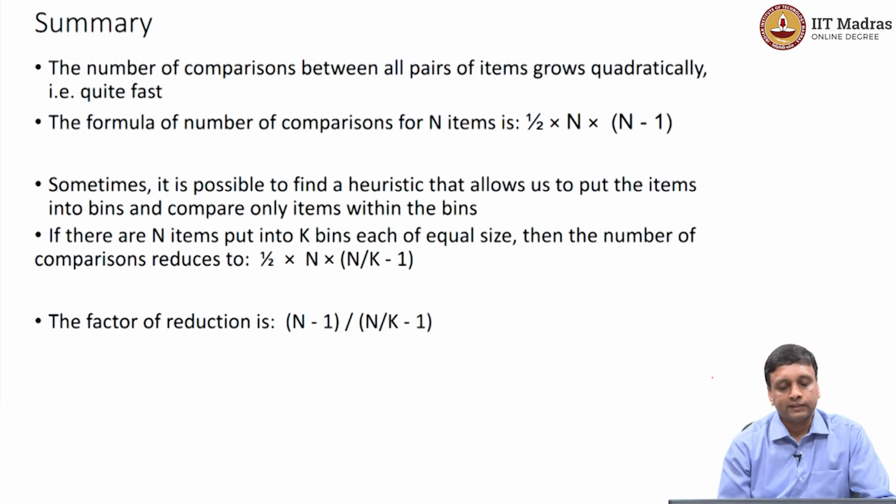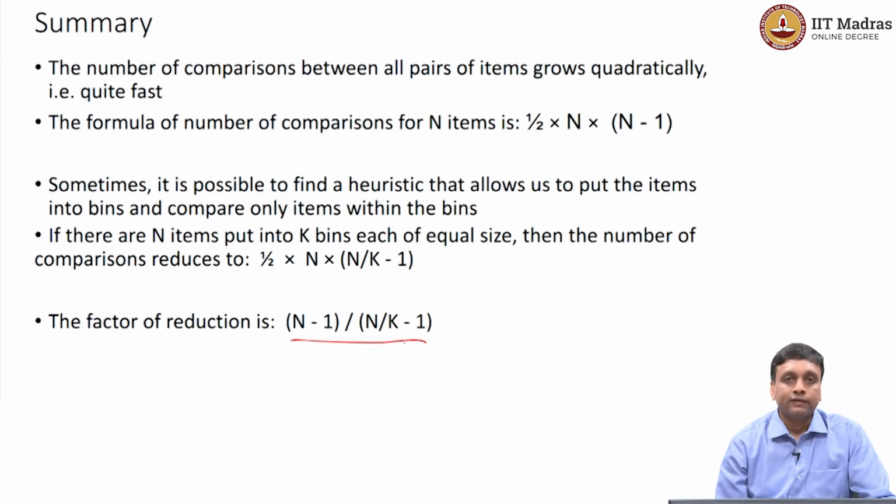So the factor of reduction explicitly is n minus 1 upon n by k minus 1. And remember that a quadratic computation blows up very fast. So if we have to do comparisons across, say, data sets which involve large numbers of people or large numbers of objects, very often an n squared calculation does not work and we have to do binning.